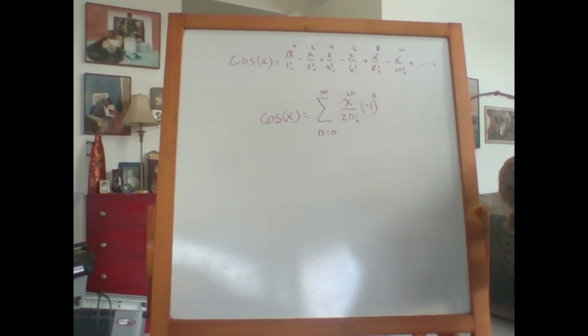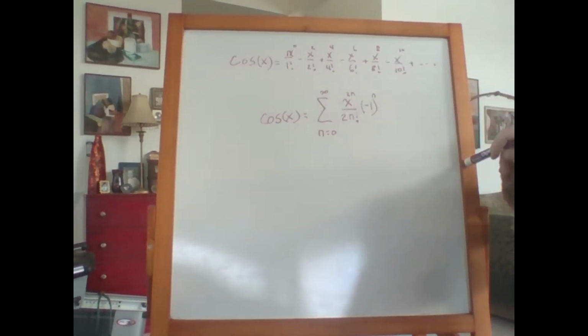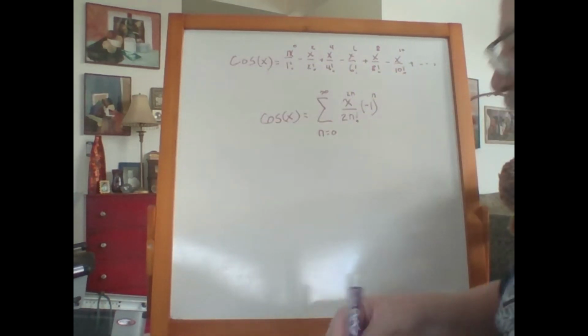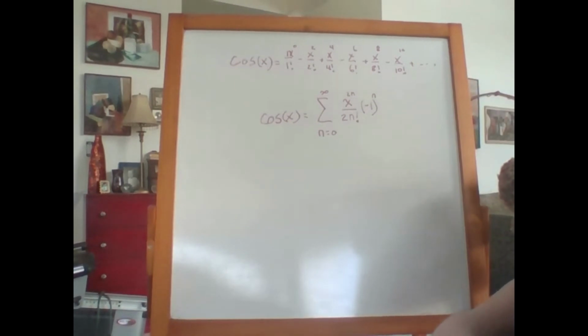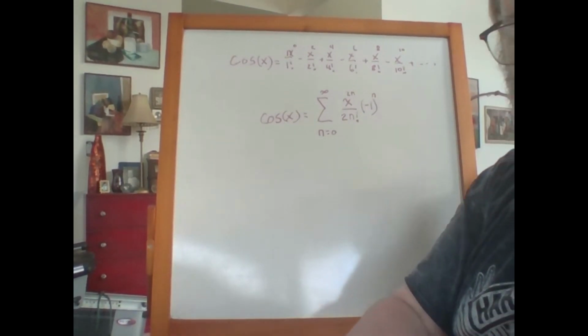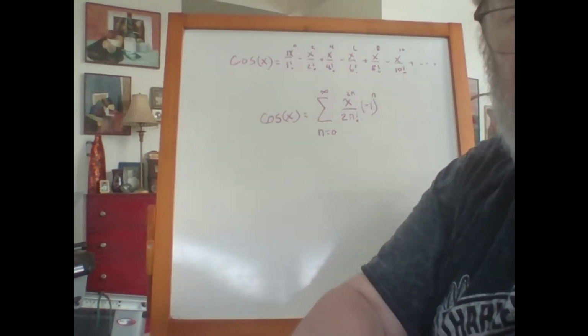If you add 20 terms or 30 terms, the difference between this infinite series and cosine of x becomes very small. So it's a fun thing to do if you're really into this kind of thing. And I find it pretty cool doing that.